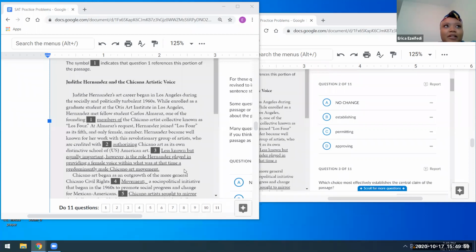That hints at some kind of entity or group or organization that has authority, maybe like the government or the police, that has the authority to authorize something.